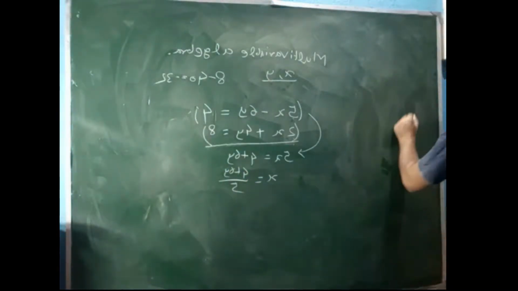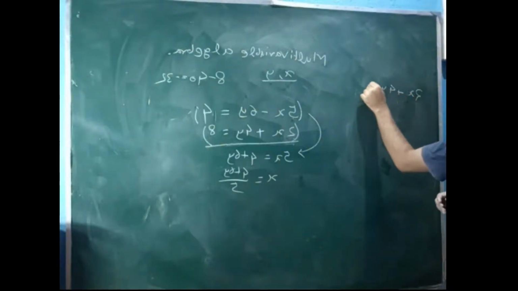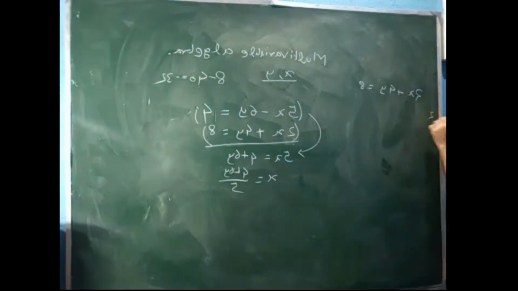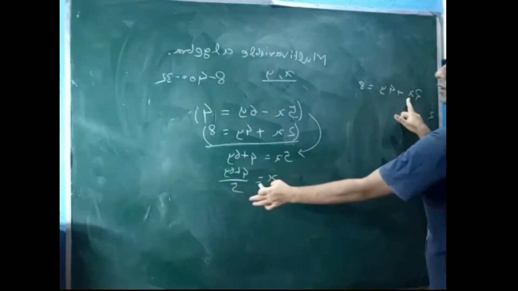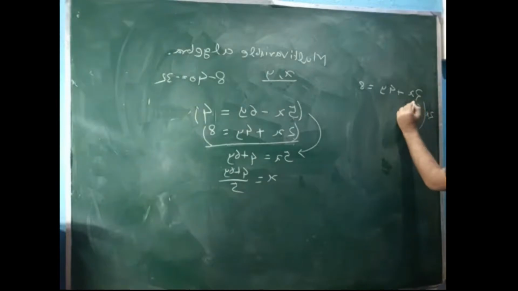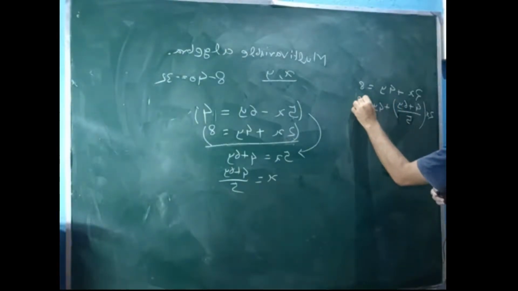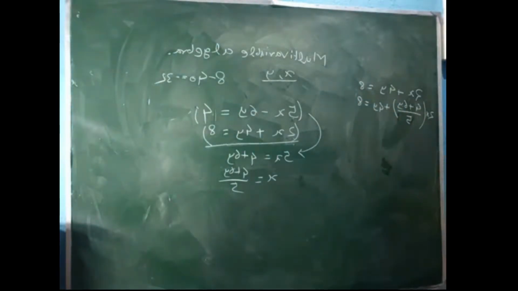So now for the second equation, 2x plus 4y equals 8. We can say 2, replacing x with this number, so 2 multiplied with 4 plus 6y divided by 5, plus 4y equals 8. So this is the important step here.